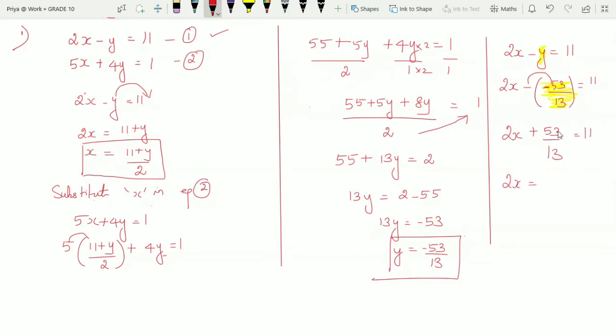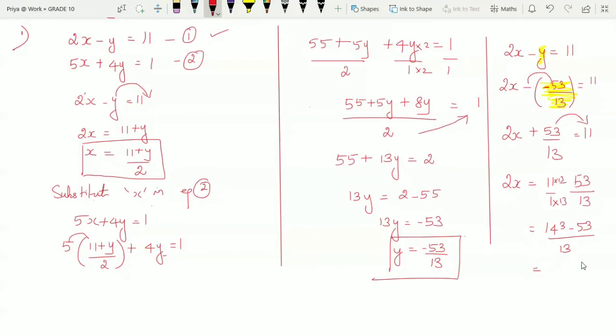Now take 53 by 13 to the other side, so it becomes 11 minus 53 by 13. Take the LCM: 13 into 11 is 143 minus 53 by 13. So what I'm doing is just taking the LCM.